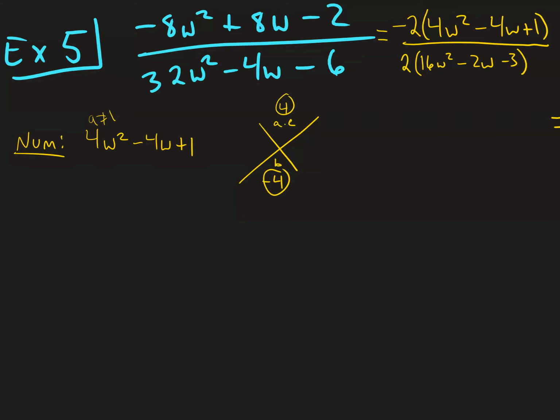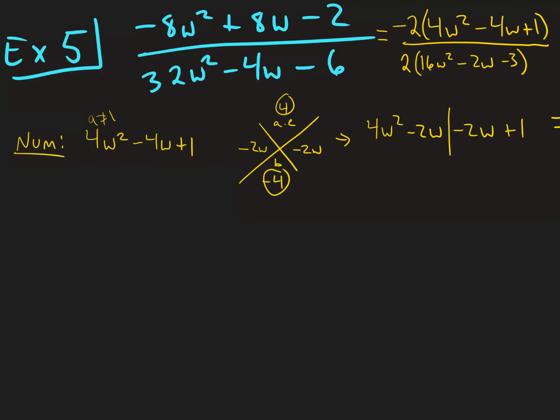So I need to find factors of 4 that would add up to -4. That's pretty simple. That's -2 and -2. So I'm going to go ahead and use both of these, give them w's, and replace my -4w with this: 4w squared minus 2w minus 2w, that would add up to -4w, plus 1.